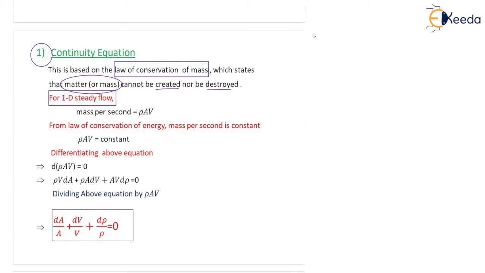When you write mass flow rate, m dot, what is m dot? m dot is your mass flow rate. The unit is kg per second. So mass per second is actually mass flow per second, and the formula for mass flow rate is rho A V: density, area into velocity.